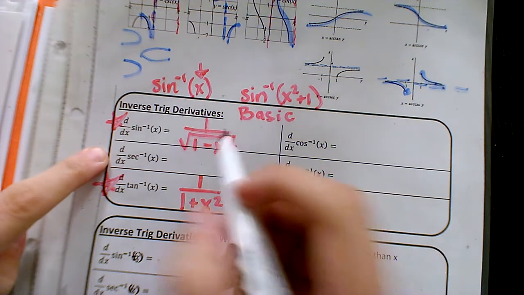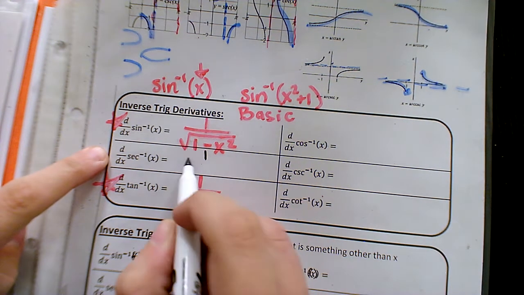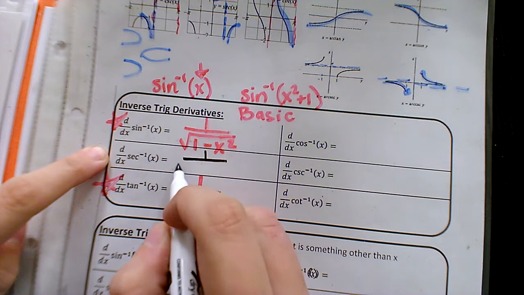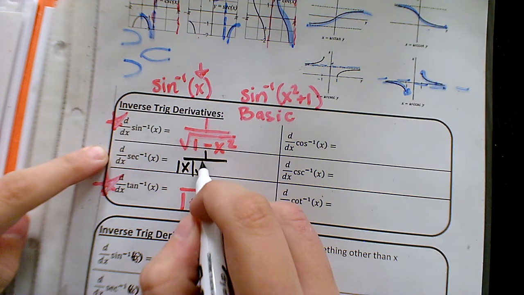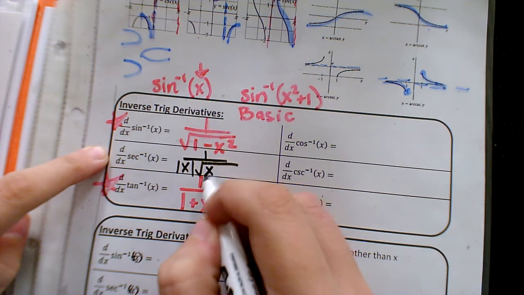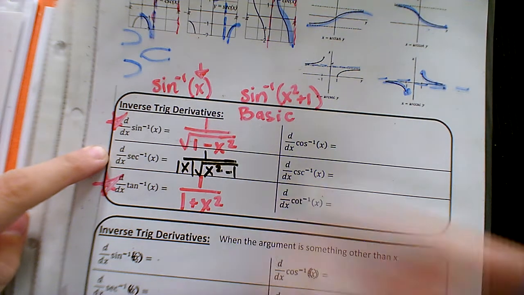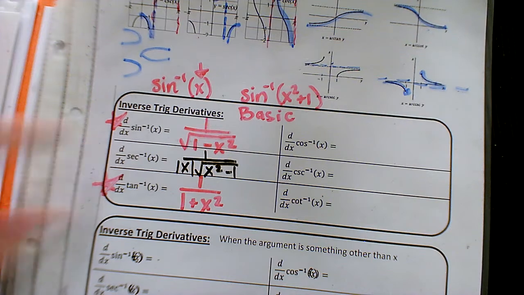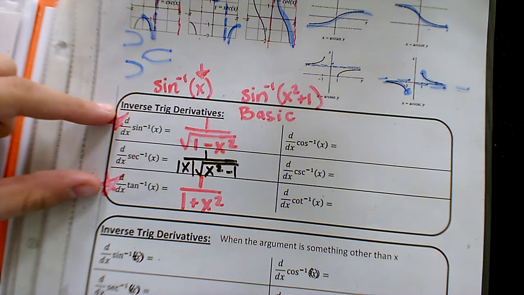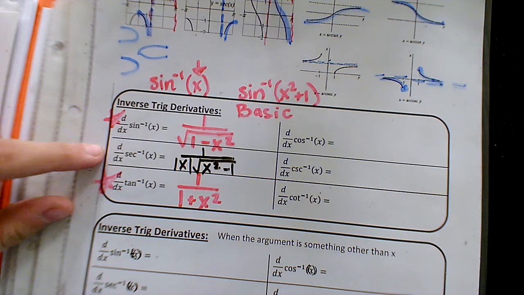And then secant is a little bit more involved. We have 1 over the absolute value of x times the square root of x squared minus 1. Okay, so we definitely have to remember sine and tangent. Okay, secant is a little different.